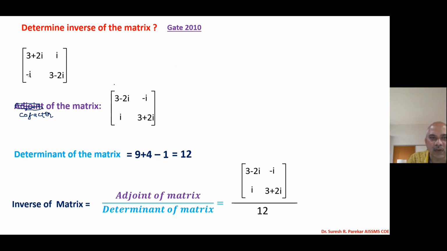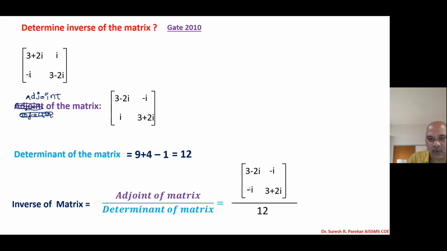And here if I go to the transpose, then sorry, this is directly the adjoint. For a 2 by 2 matrix, this is adjoint only. We have changed this, and we have changed the sign of this, and that gives me the adjoint directly.